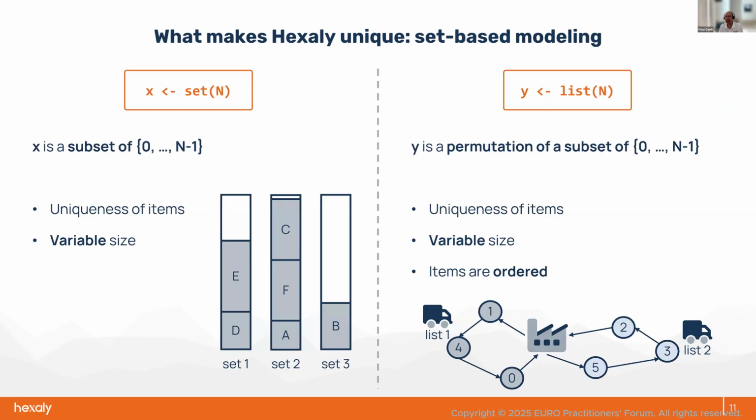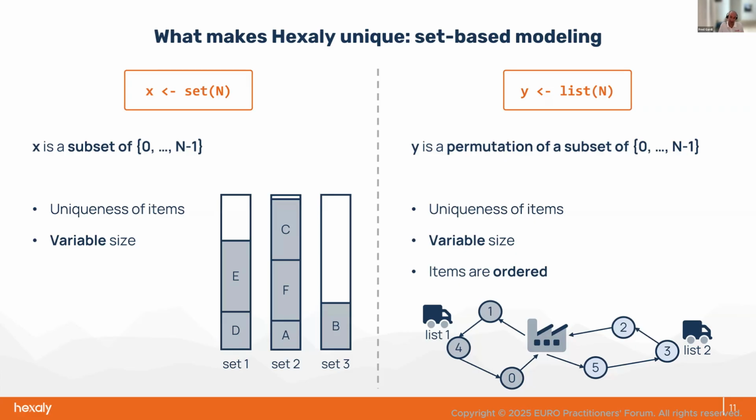Now the list. List variables are just the extension of sets, taking into account the ordering of the values and the items inside the set. So here, Y is any permutation over any subset over 0 to n minus 1.